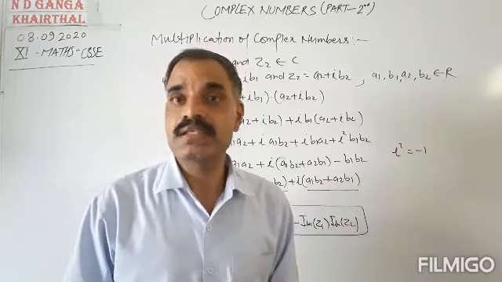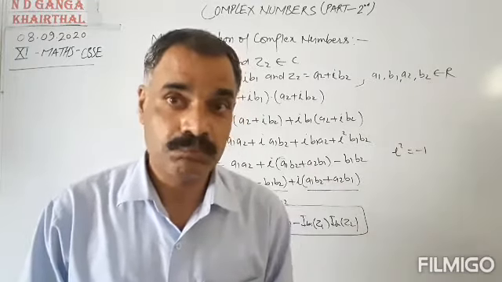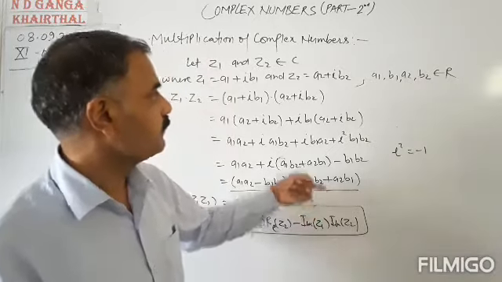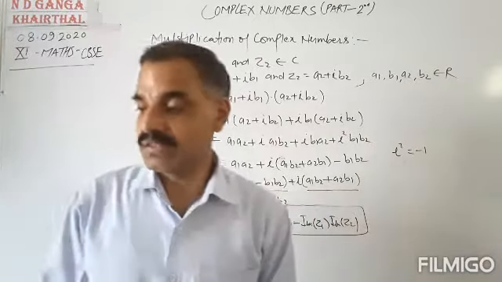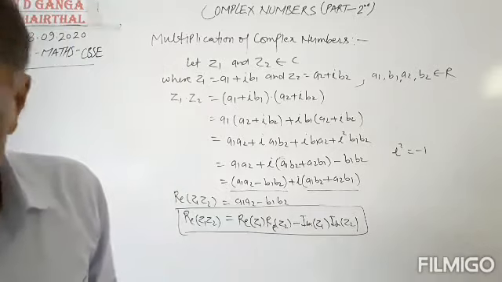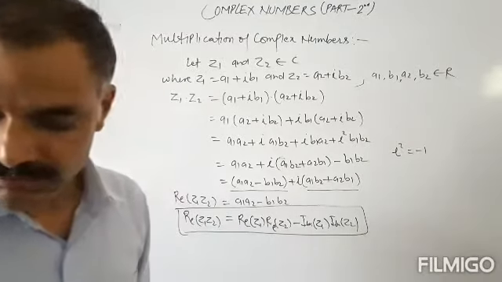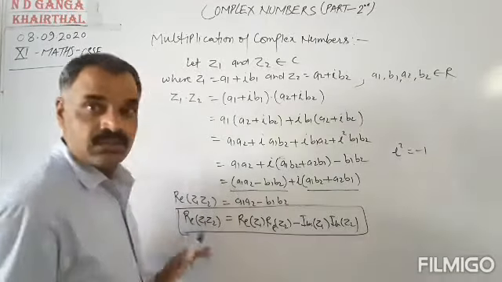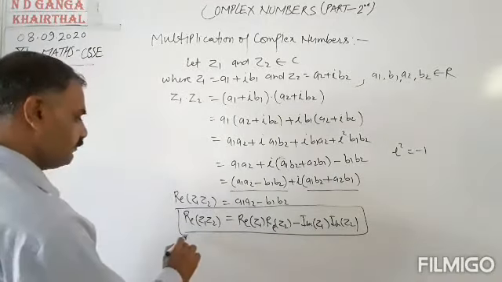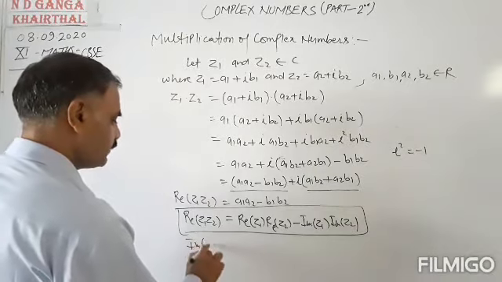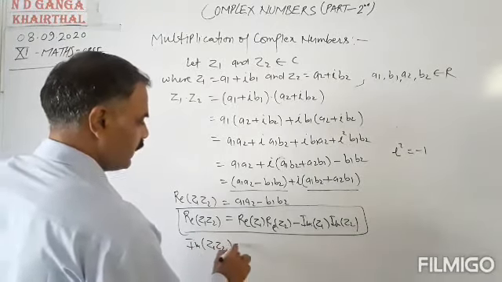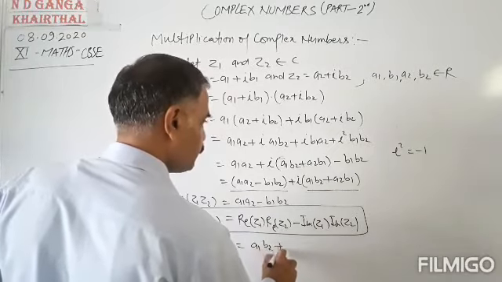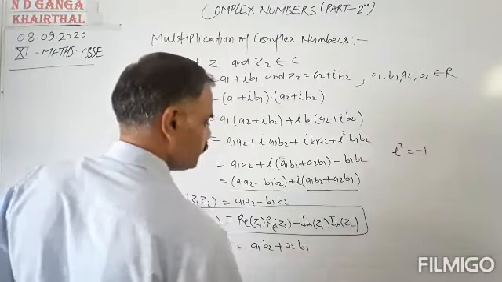Okay, here we are discussing the multiplication of two complex numbers. Now this is the imaginary part of the multiplication of two complex numbers. So the imaginary part of Z1 Z2 is equal to A1 B2 plus A2 B1.